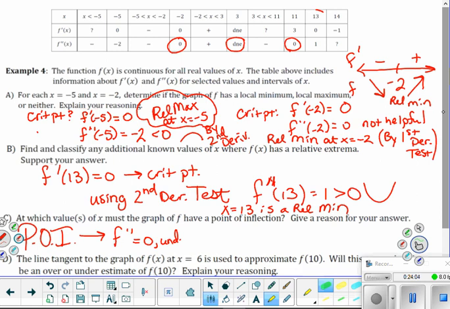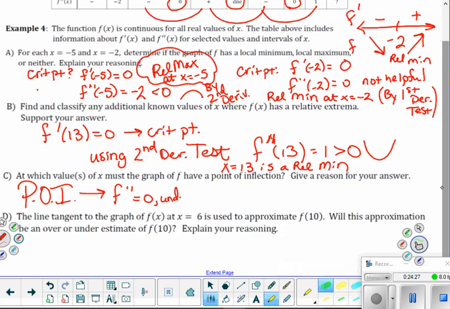So we have points of inflection at -2 because my signs change, and my signs change at x equals 3, and do my signs change at 11? It does. This makes me a little nervous just because that interval jumps away at 13, so that's sort of hard.